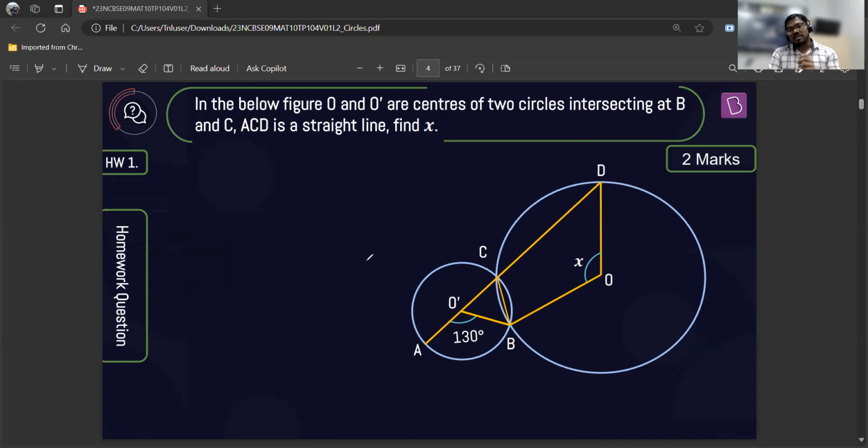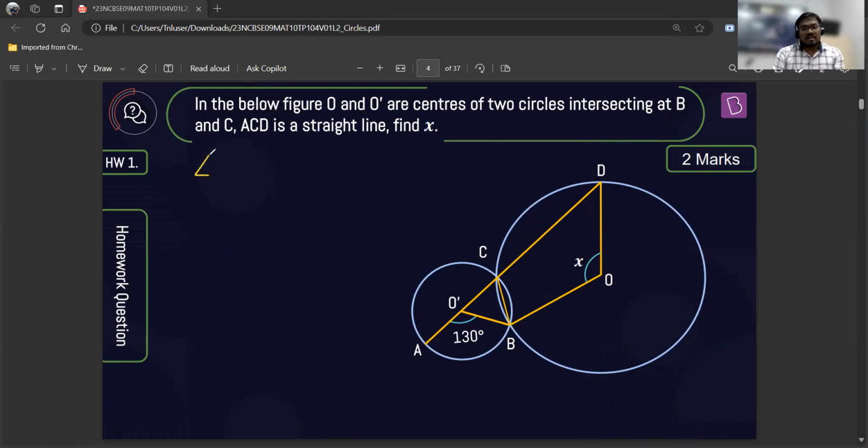As we discussed in the previous slide, the angle at the center is double the angle at the circumference, and vice versa, the angle at the circumference is half of the angle at the center.